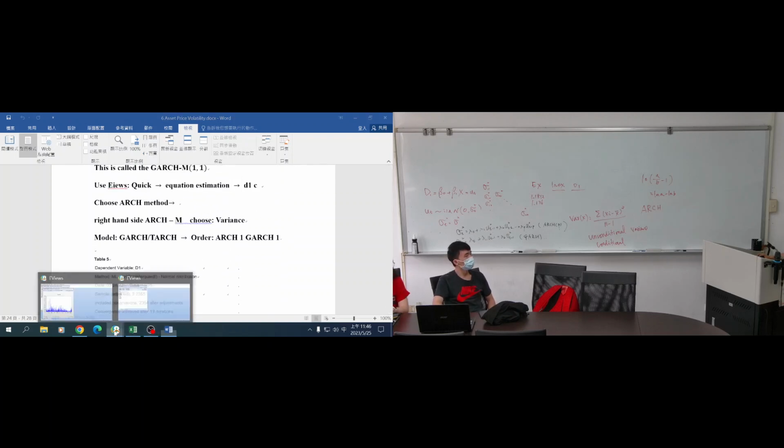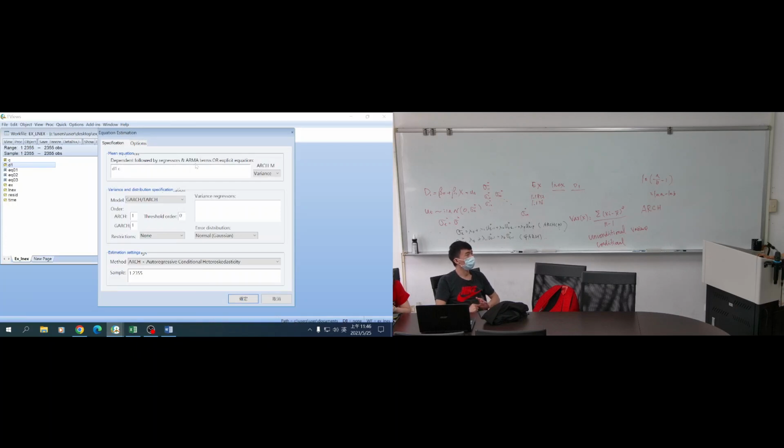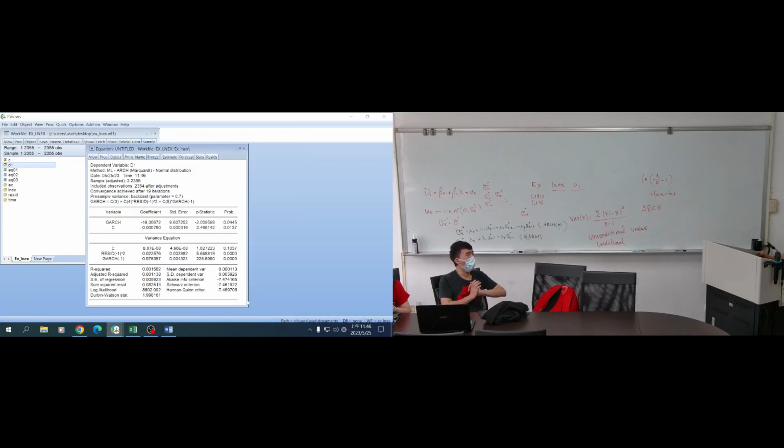Let me go back to here. The variance equation is still there, but in the mean equation there's a little bit of difference, since I consider the risk, not only the mean but also the risk.